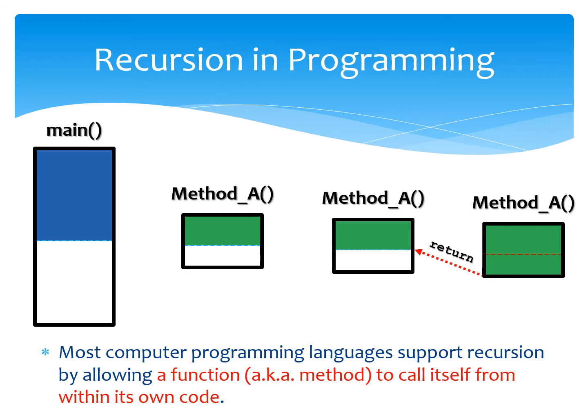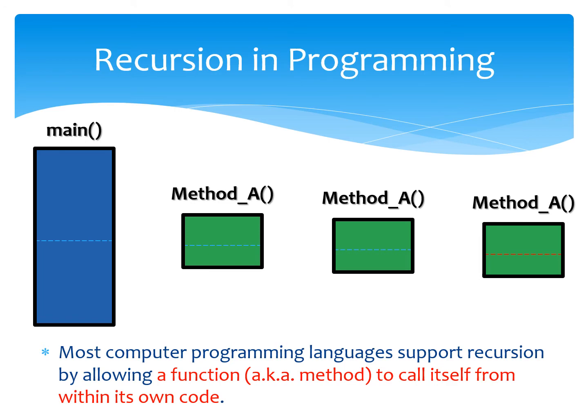Therefore, the third method A will return to the caller in the second method A, and then complete the remaining statements of the second method A. Similarly, the second method A will return to the caller in the first method A, and then complete the remaining statements of the first method A. Last, the first method A will return to the caller in the main method and then complete the remaining statements in the main method.